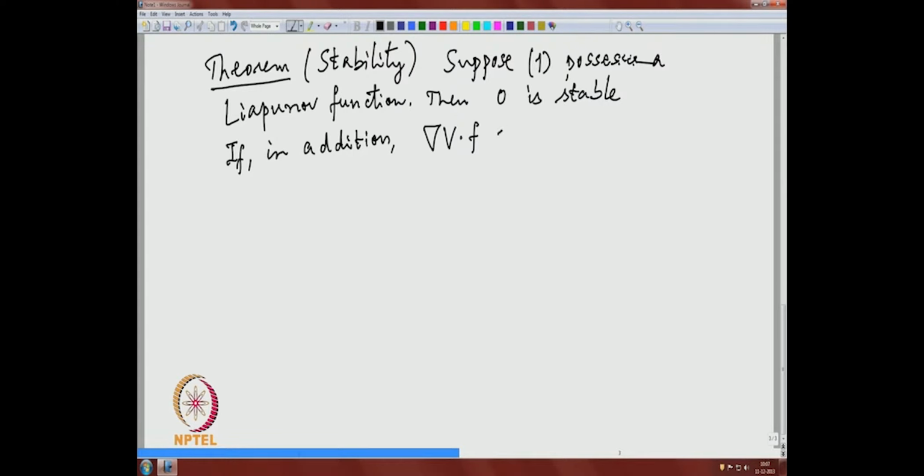I want this to be negative definite in omega, then 0 is asymptotically stable.